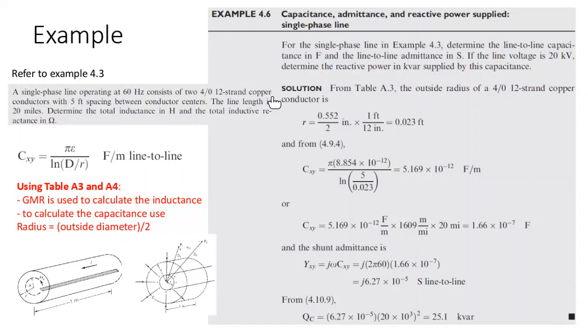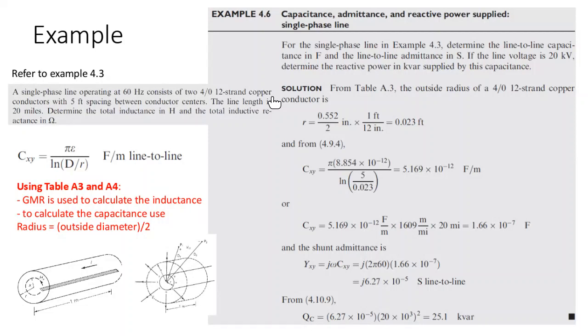In the final exam, you will be given table A3 and table A4. If it's copper, you will go to table A3. Do not ask me what table I will use. Please focus on this. I still have students who ask things, maybe because they are not paying attention to the lecture.